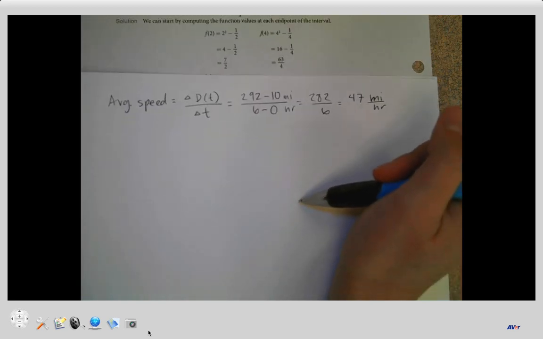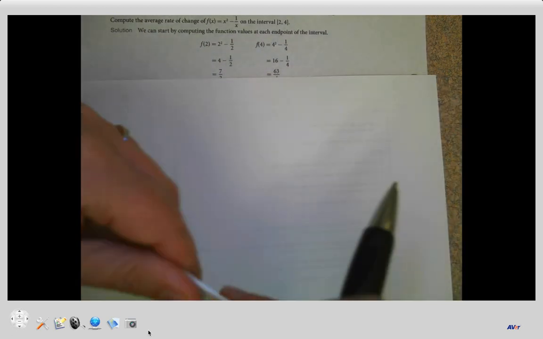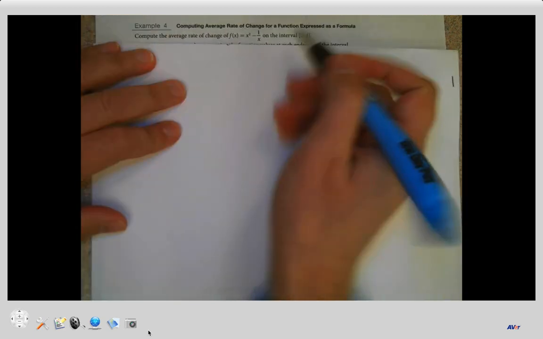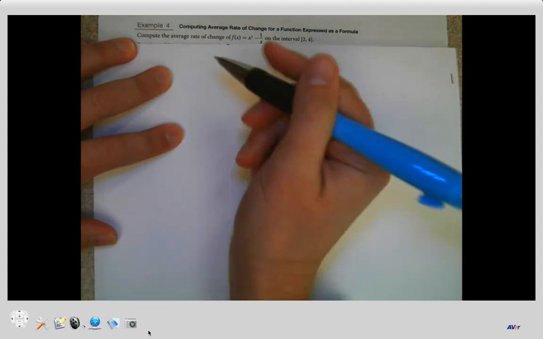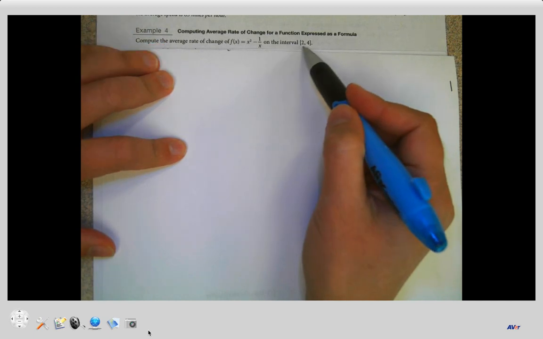All right, what if instead of a table or a graph, we have a function? Let's find the average rate of change of this function on an interval. They give us f of x equals x squared minus 1 over x on the interval 2 to 4.